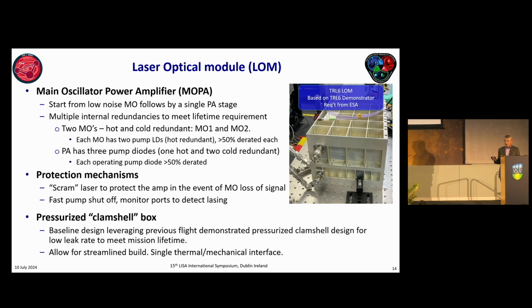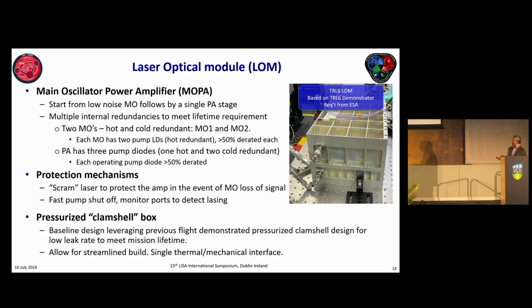The LOM, like I said, is a master oscillator power amplifier, and within the LOM we have two master oscillators, main oscillators, and a single stage amplifier. And within each of them, we have hard redundancy built in and also cold redundancy built in, and they are all more than 50% derated to meet the lifetime requirement.